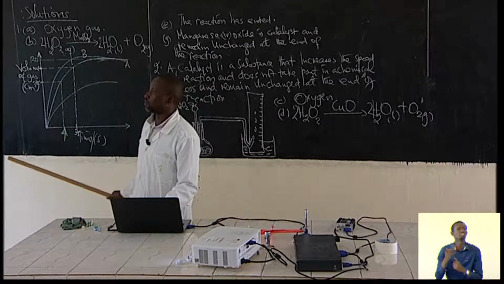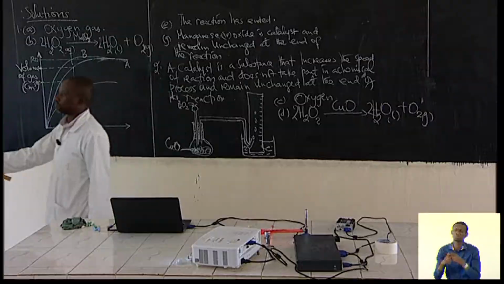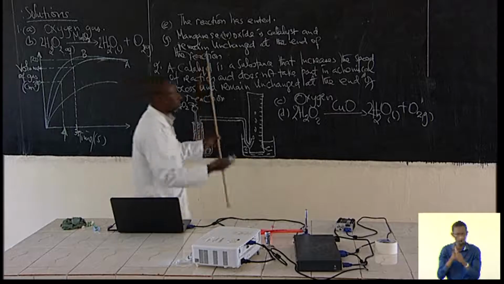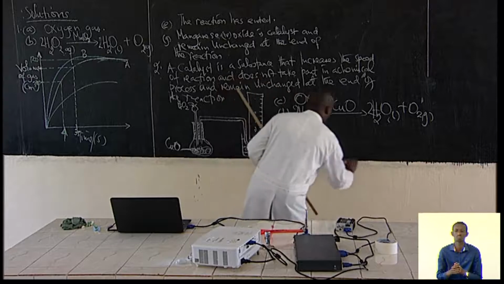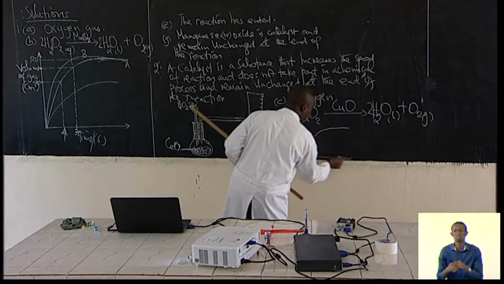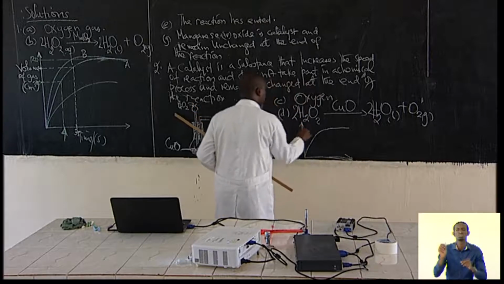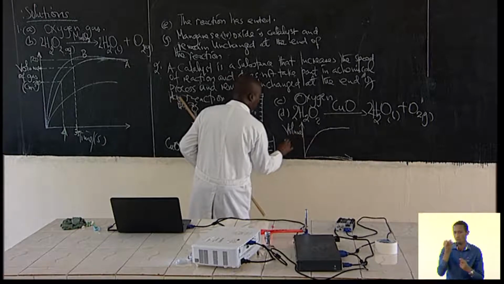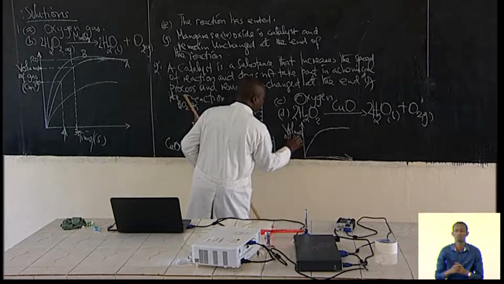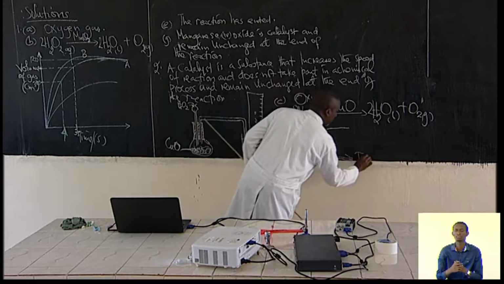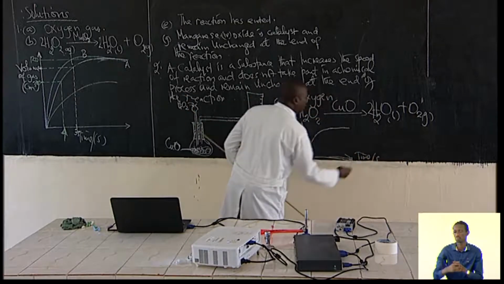If you're plotting a sketch graph against time, it is similar and will move in the same way. So you have the volume of gas in cubic centimeters, and you have time here, and the time is in seconds.